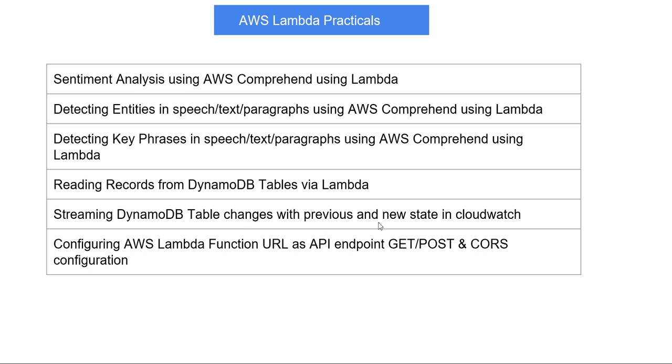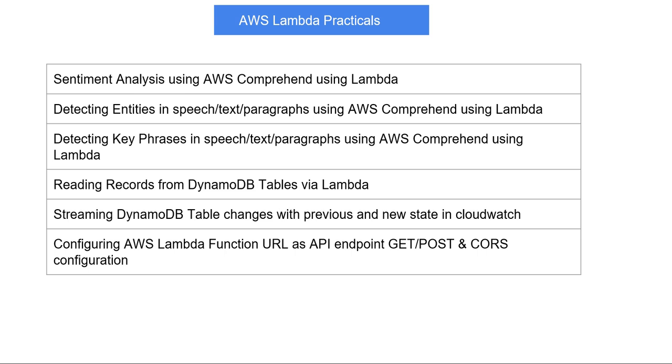Streaming DynamoDB table changes with the previous and new state in CloudWatch. If we write a Lambda function connected to DynamoDB tables, and in the DynamoDB table a record is updated, we can log what the previous content was and what the new content is. That is called DynamoDB streaming.